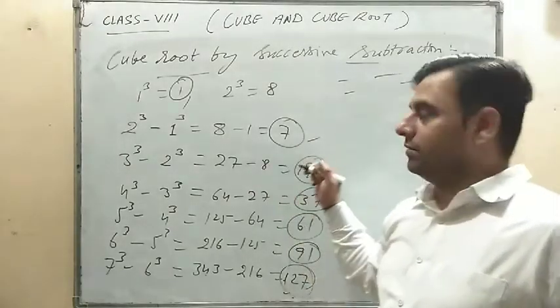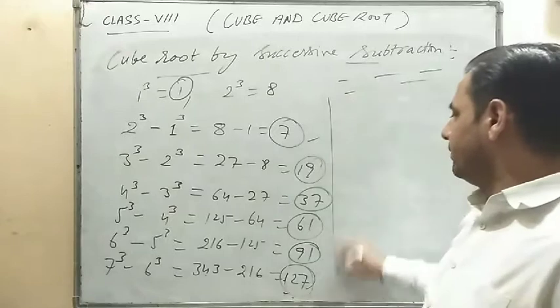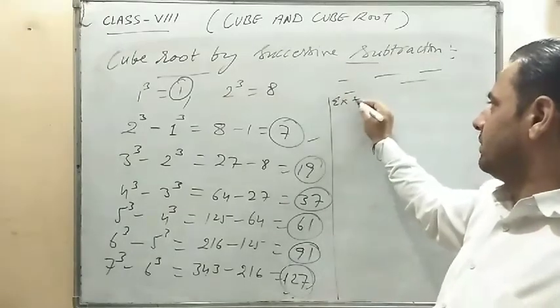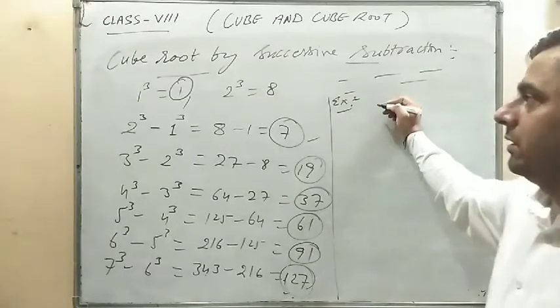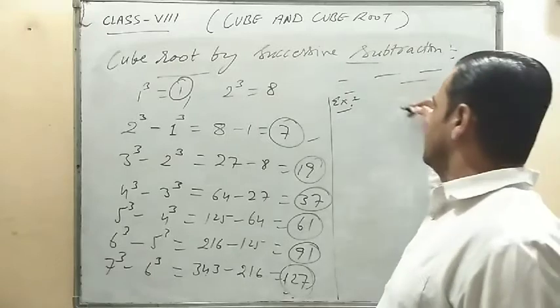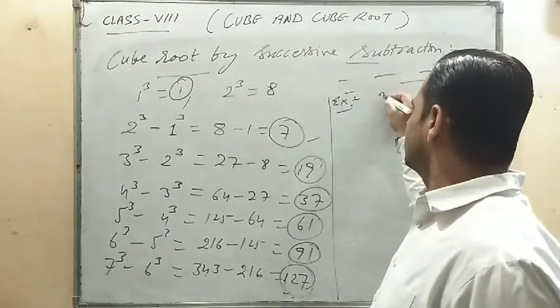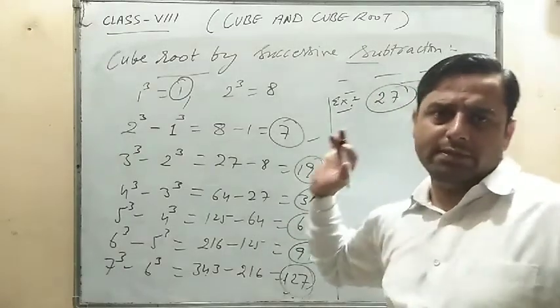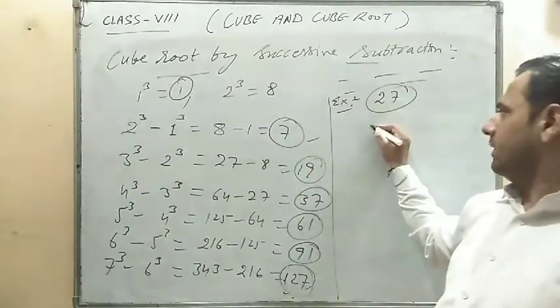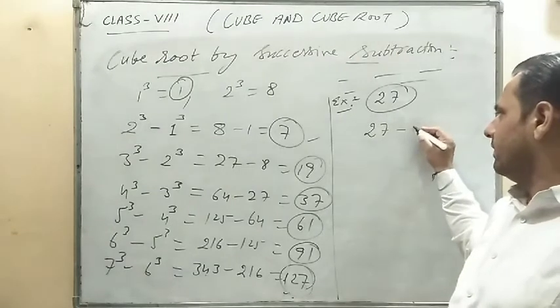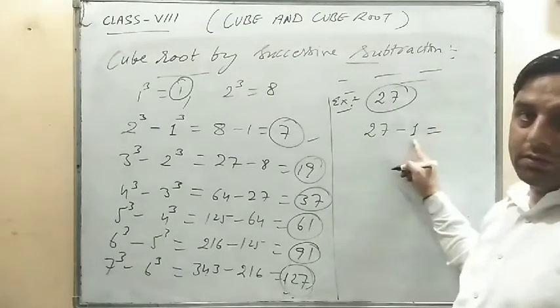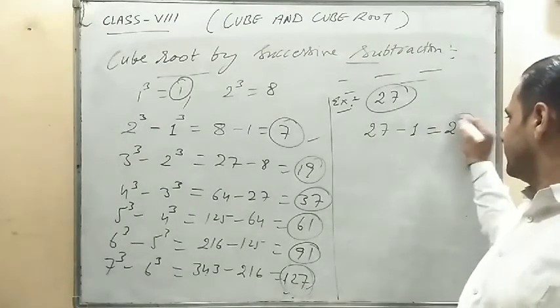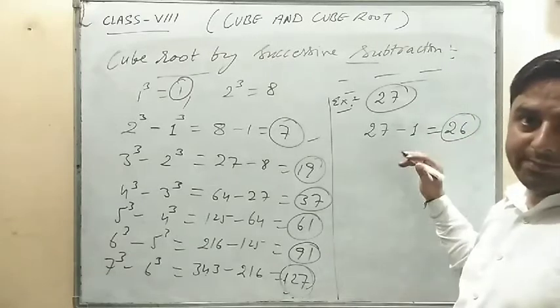Now I'm going to take examples. Suppose we need to find the cube root of a small number, 27. In 27, firstly I will subtract 1, so I get 26. Now the first step is covered.